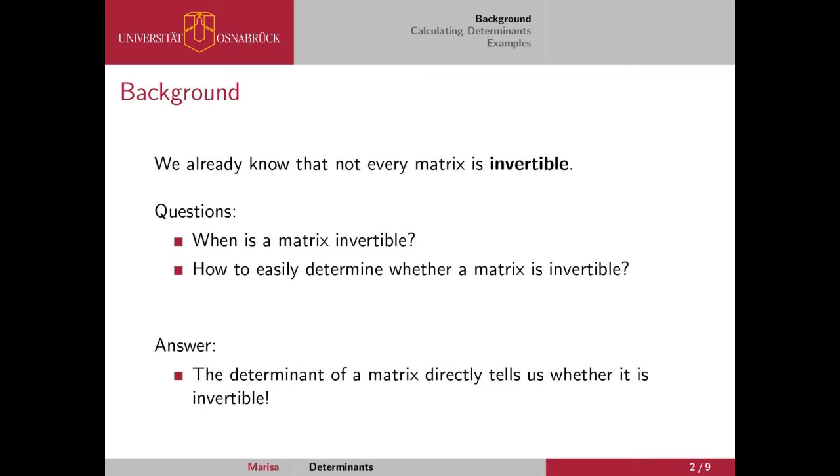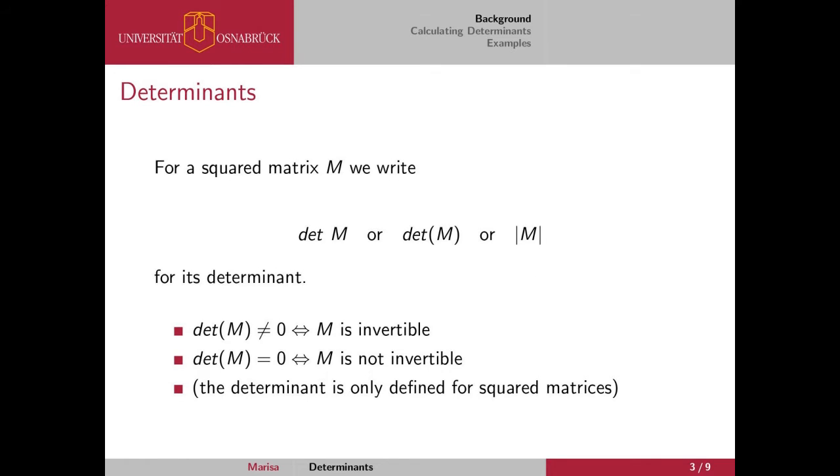And the answer to this problem is the determinant, because the determinant of a matrix directly tells us whether it is invertible or not. Before diving into the calculation of a determinant and covering the different rules, I want to clear up several things. For a square matrix M, we write det M, or det in parentheses M, or the vertical lines with the M in between for the determinant.